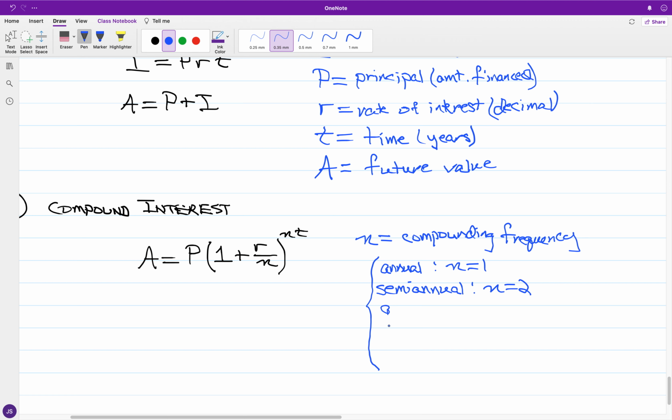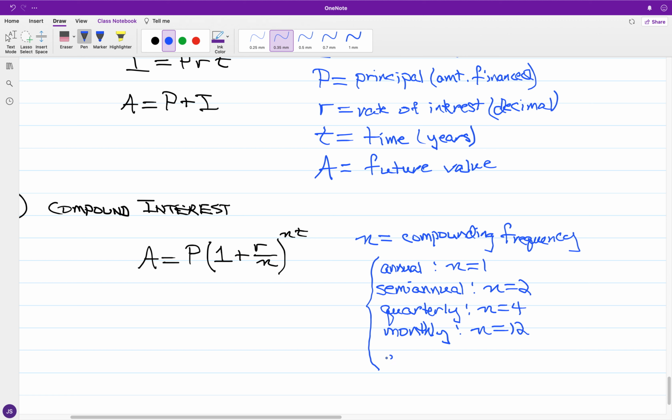In the case of quarterly compounding, you have that N is equal to 4. And for monthly compounding, N is equal to 12.